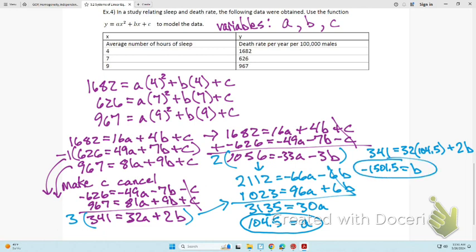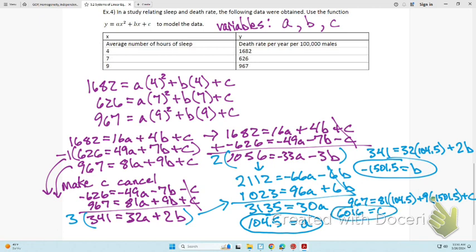Now I need to plug in those two numbers into one of the original equations. I'm going to plug it into the 967 equation. Whew, barely. C ends up equaling 6016.